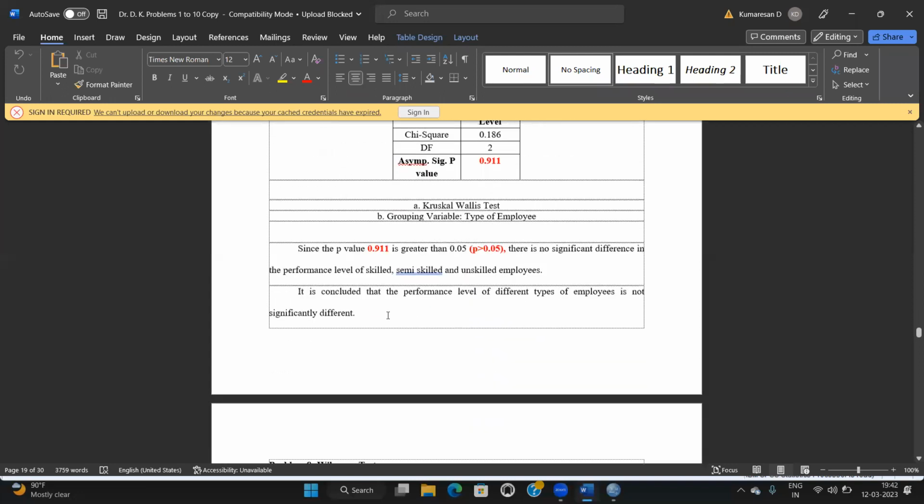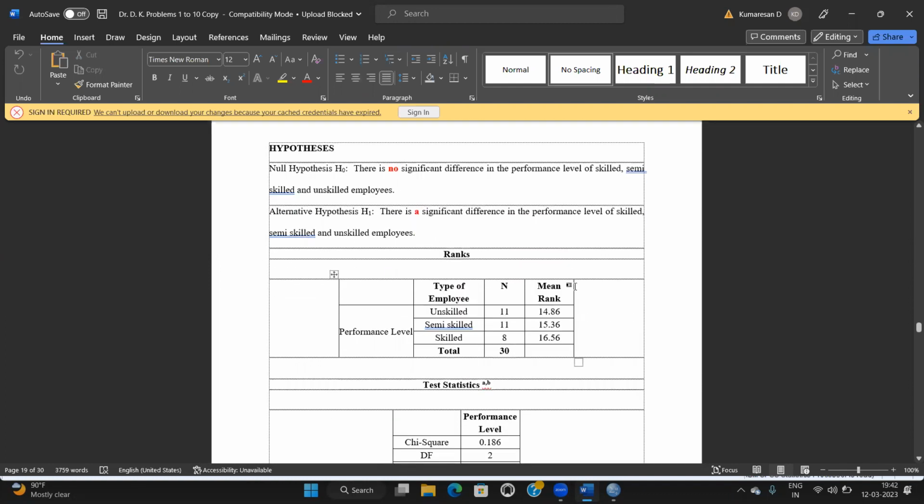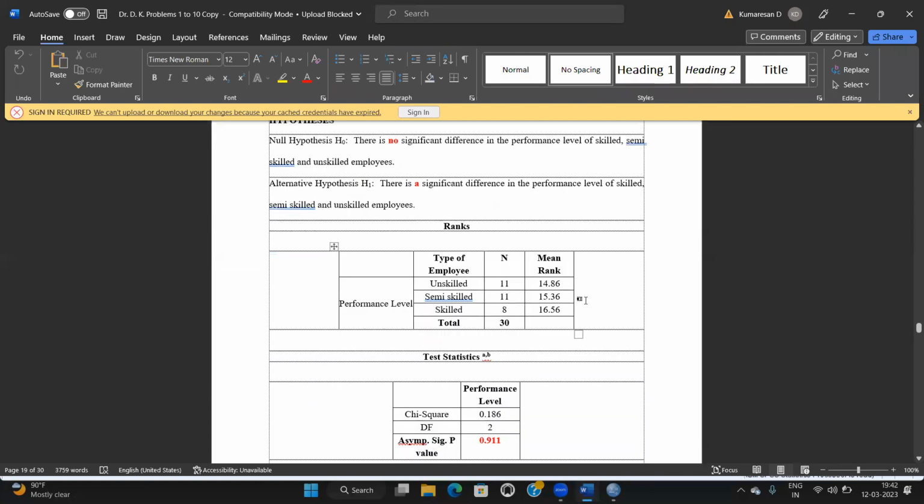Even though we have concluded that there is no significant difference in the performance level, there could be some difference at least. So here we consider 3 types of employees, earlier 2 types of employees. So comparative degree we used. Who is better?